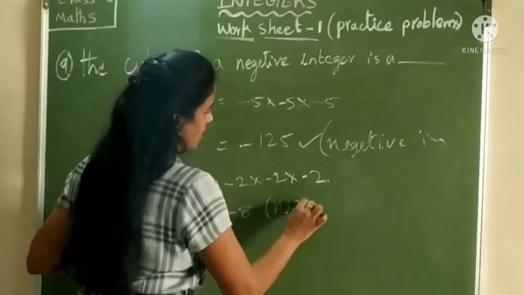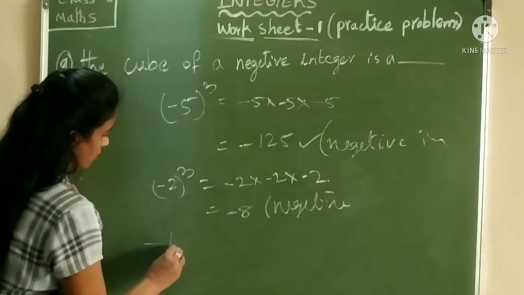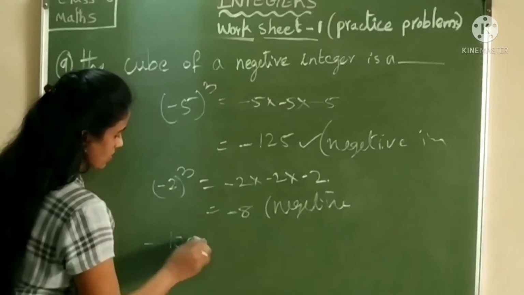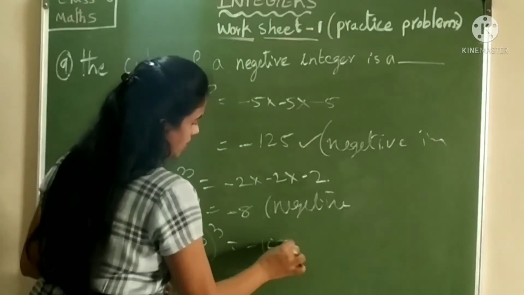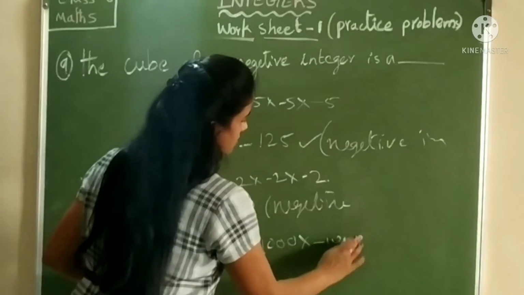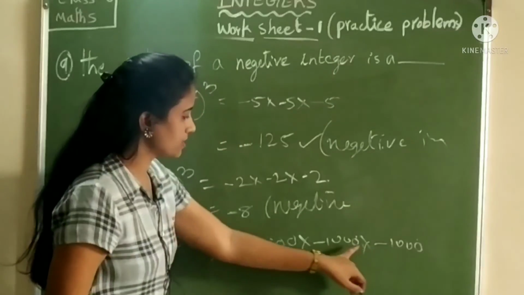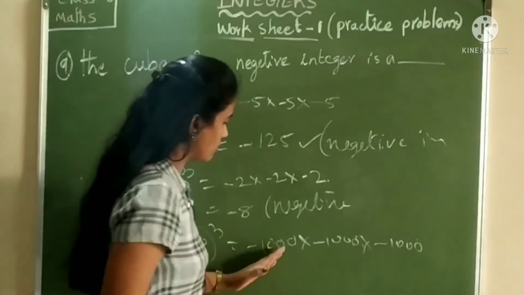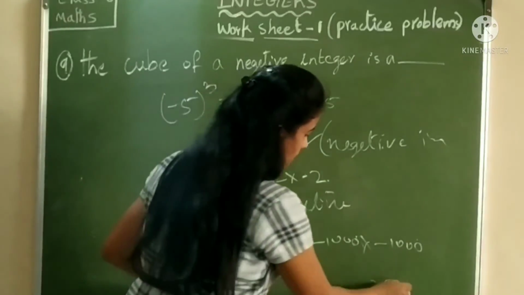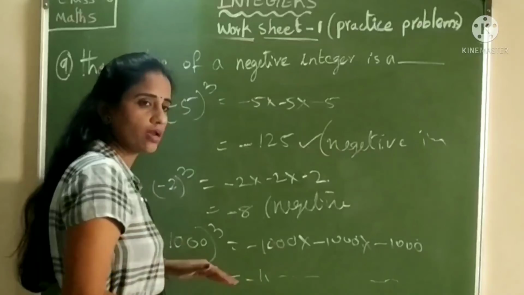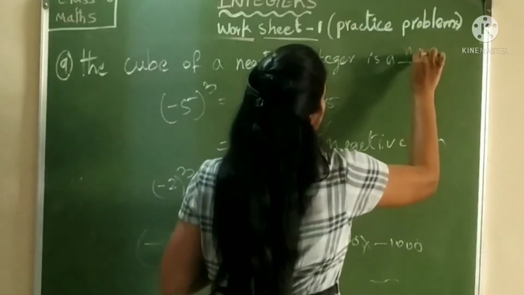Take minus 1000 whole cube, minus 1000 into minus 1000 into minus 1000, you will also get a negative integer.